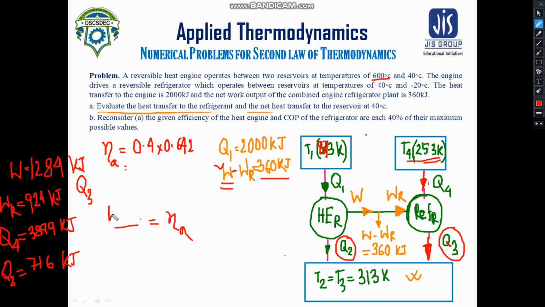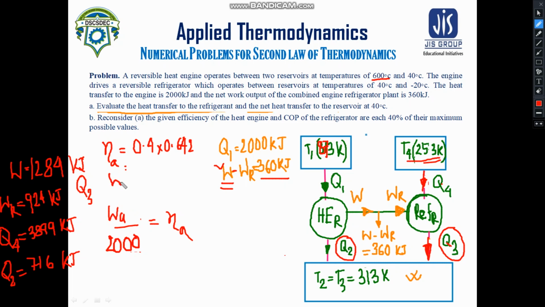It will be WA by QA. Sorry, I have been making a lot of mistakes in this class. So WA divided by QA will be eta A. Now this QA is predefined and mentioned in the problem as 2000.